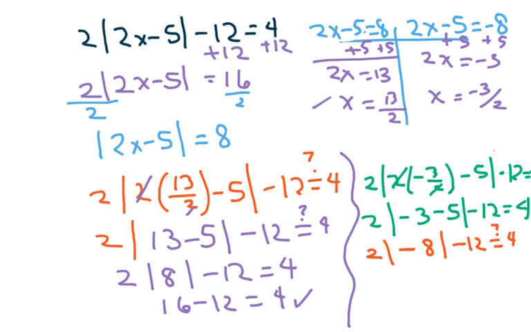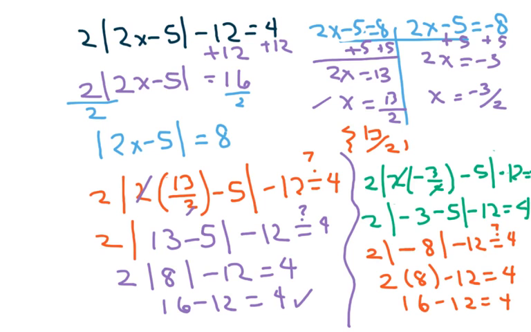The absolute value of negative 8 is 8, so 2 times 8 minus 12 equals 4, or 16 minus 12 equals 4. So therefore, our solution set is 13 over 2 and negative 3 over 2. I'm glad we got it right.